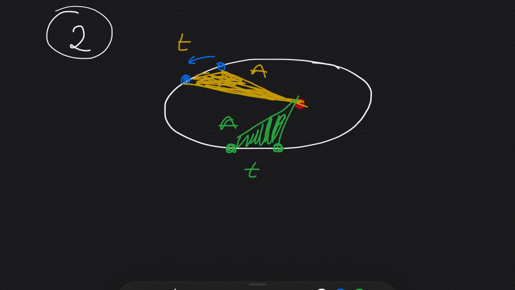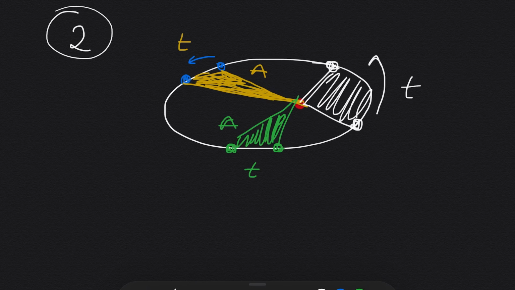So even over here, where actually the Earth will move faster since it's closer to the sun, even this area will be equal to those, if the time is the same. All right, so that's what Kepler's second law says.